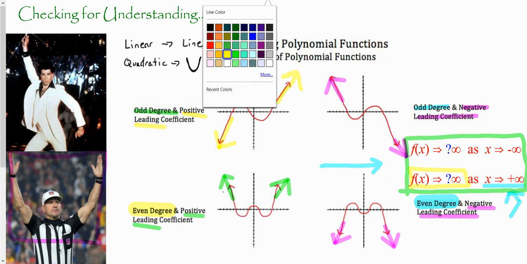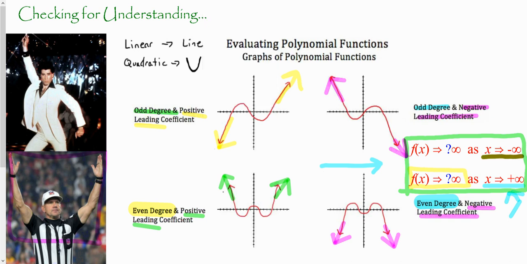Now, just be aware that when we are looking at this right here, that's x. Now, x going towards negative infinity means you'd be going far to the left on your graph. When you go far to the left on your graph, does it go up like the lower left one here?